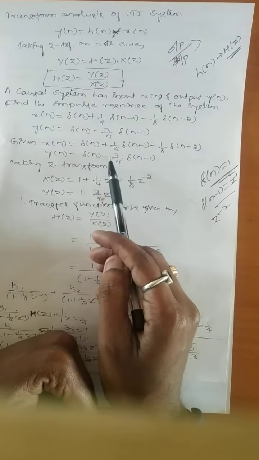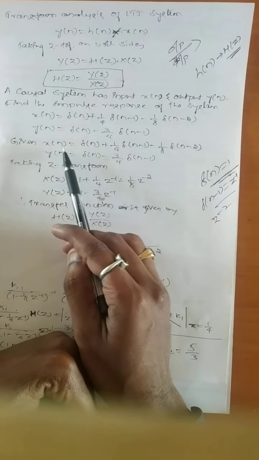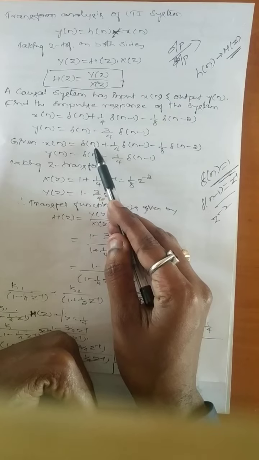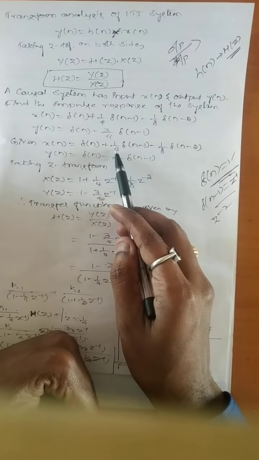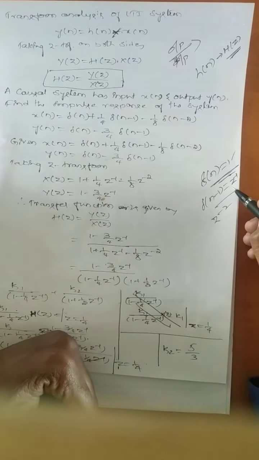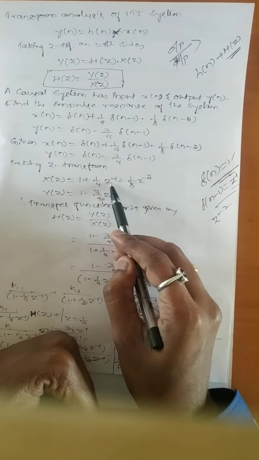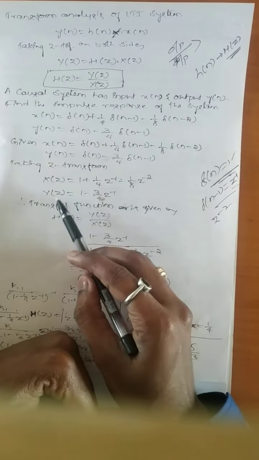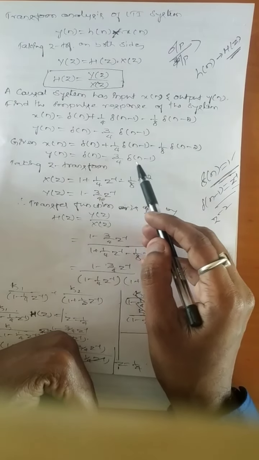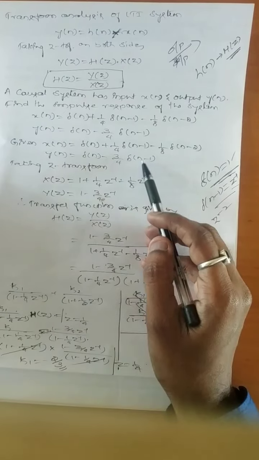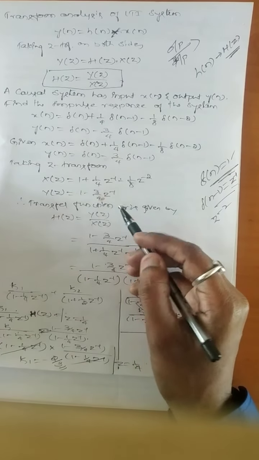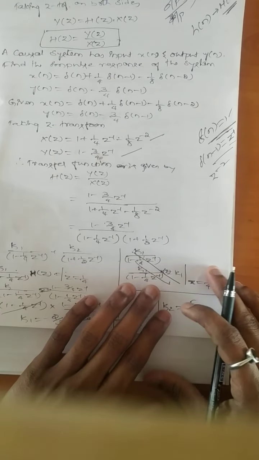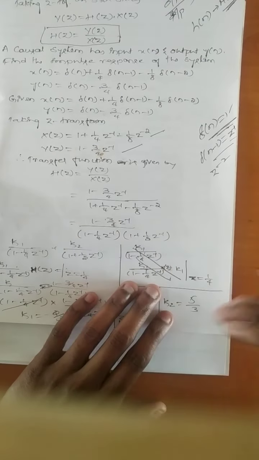Taking the z transform on both sides, x of n will become X of z, delta of n will be 1, plus 1 by 4 delta of n minus 1 is 1 by 4 z inverse, minus 1 by 8 z to the power of minus 2, and Y of z is equal to 1 minus 3 by 4 z to the power of minus 1, since delta of n minus 1 can be replaced by z to the power of minus 1. These are the two equations. By using these two equations, we are going to calculate the causal system response.